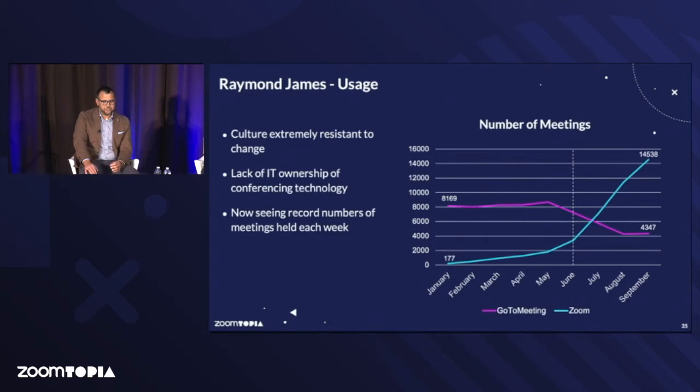From December to June, our pilot grew from 20 users to, I think we ended with about 650 demo users, as part of our pilot. So that's why you see the really drastic increase starting in June. But we're seeing almost double the meetings that we ever had with GoToMeeting. The usage has grown really quickly. Yeah, in just 4 months too.